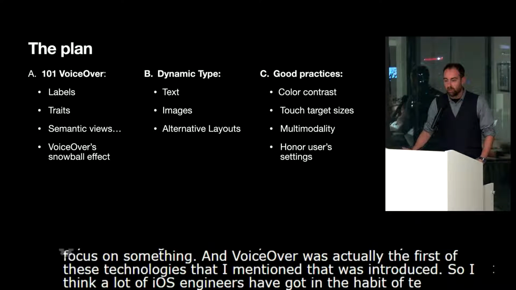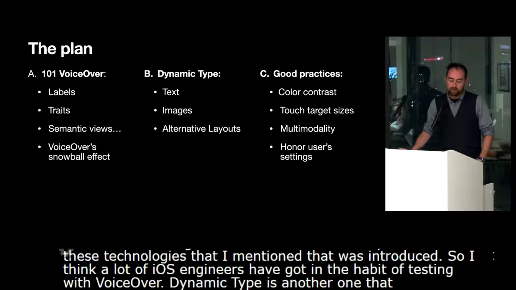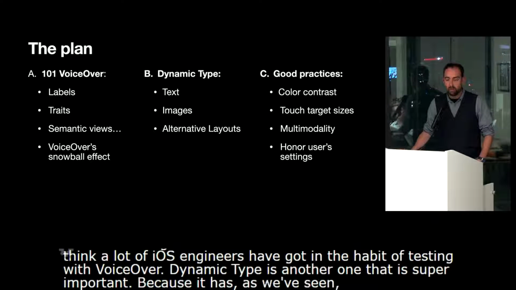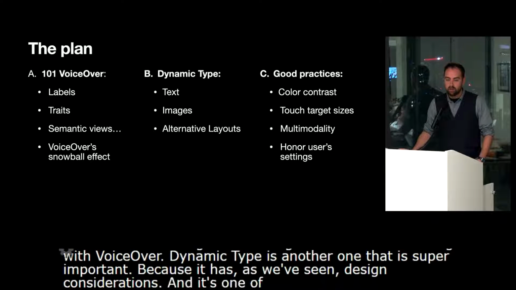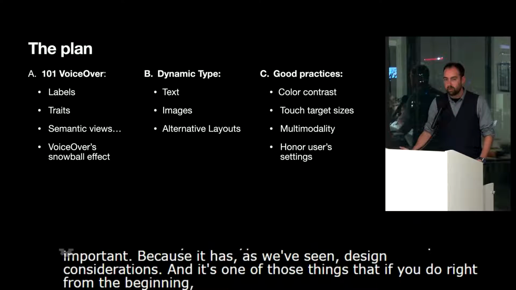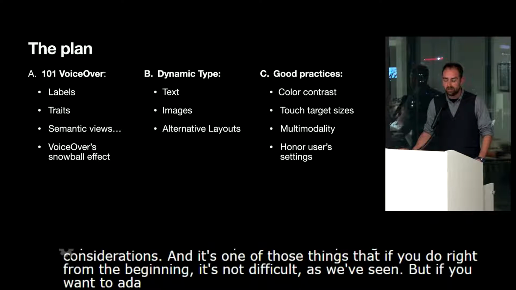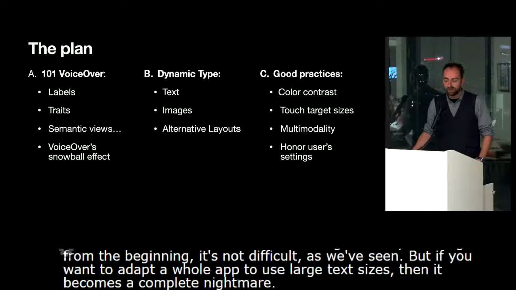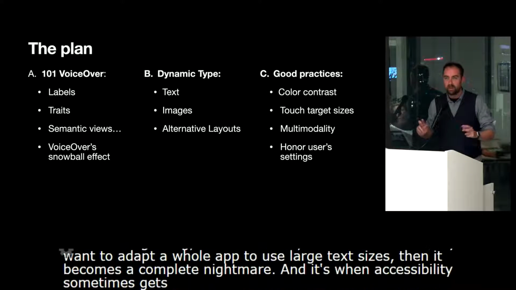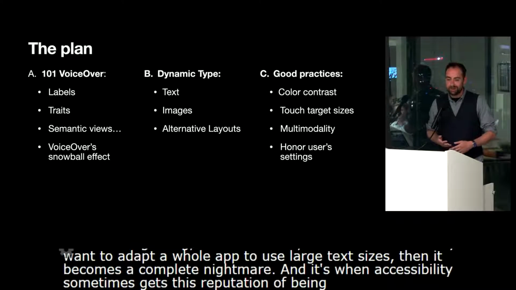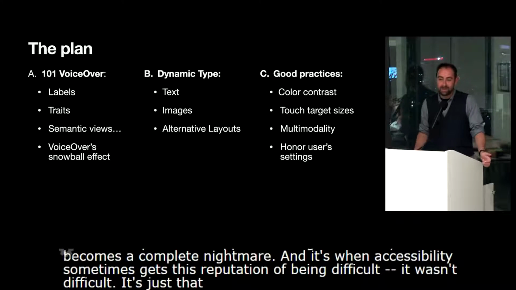Dynamic Type is another one that is super important, because it has, as we've seen, design considerations, and it's one of those things that if you do right from the beginning, it's not that difficult, as we've seen. But if you suddenly want to adapt a whole app to use large text sizes, then it becomes a complete nightmare. And that is when accessibility sometimes gets this kind of bad reputation of being difficult. And well, it wasn't difficult. It happens the same with testing, right?